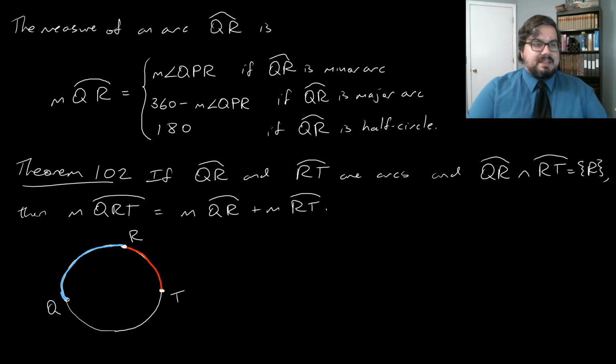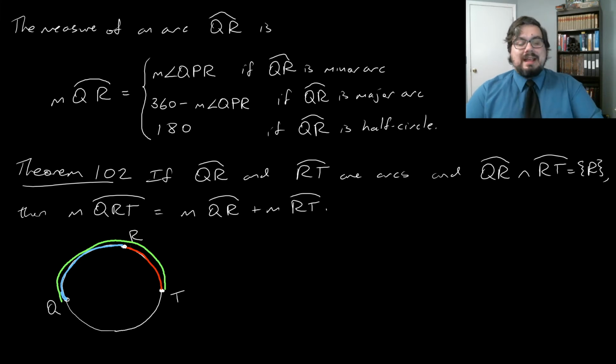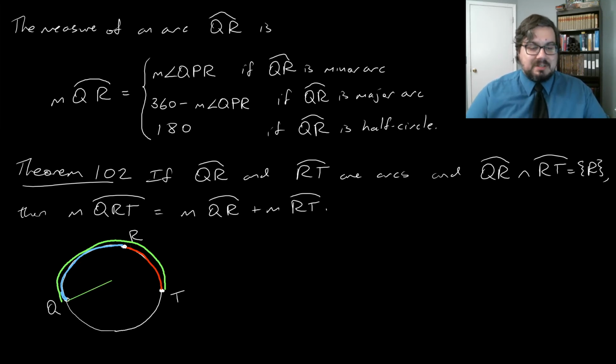And what this theorem is saying is that if we look at the whole arc QRT, that has some measure, and it's equal to the measure of the two arcs individually, making it up, assuming that the red and blue arcs don't overlap anywhere except at R. The thing that makes this theorem a little bit of a hassle to prove, and why we're not going to do it now, is that there are actually lots of different cases to work on, depending on whether the resulting arc that you get is major or minor.